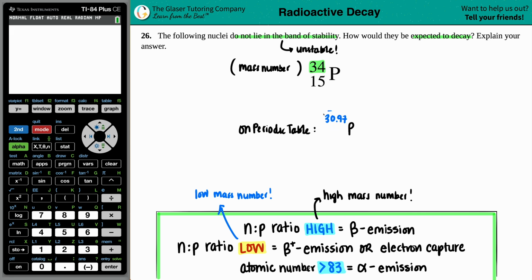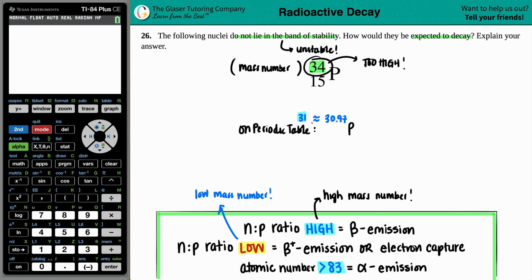Yeah, this is roughly about 31, right? Which means that your phosphorus should have a mass number of 31 if it's going to be stable. But our mass number is 34. This is too high. We're getting somewhere.